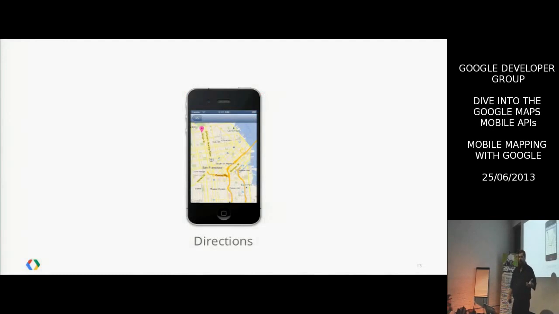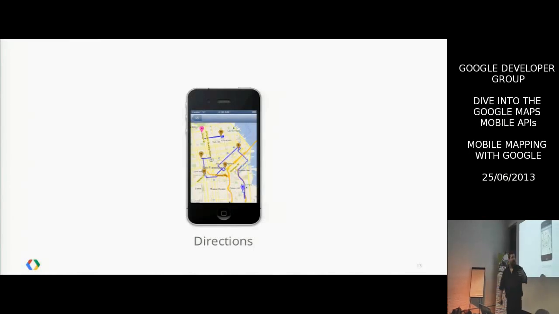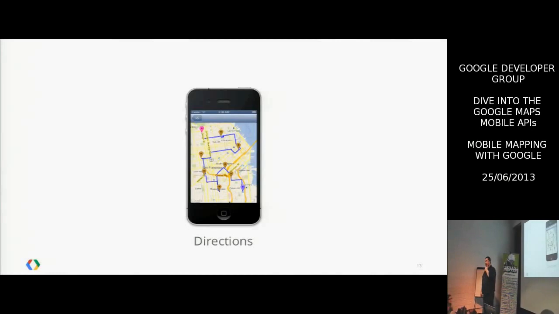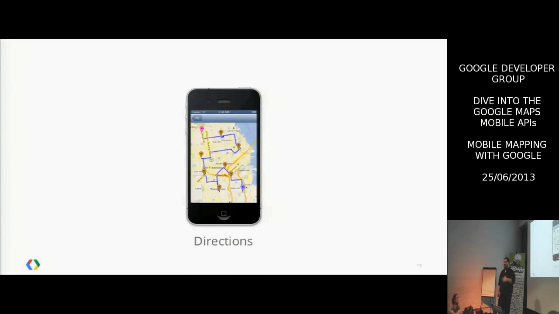Actually, directions for driving, transit, walking, and bicycling. So we have four different modes. I don't know if this is showing up well enough, but you can see that we also provide waypoint information. So you can say, I want to go to these up to 10 places, with one of them starting, one of them ending, and then up to 8 places in between.